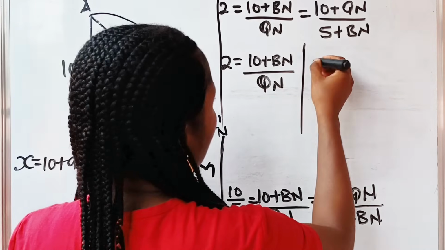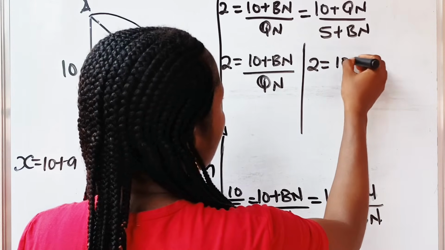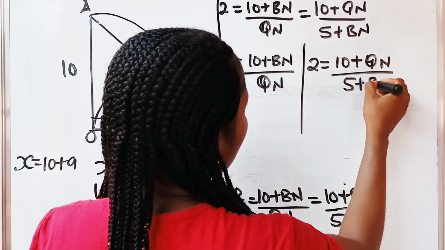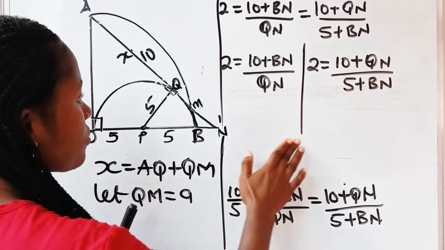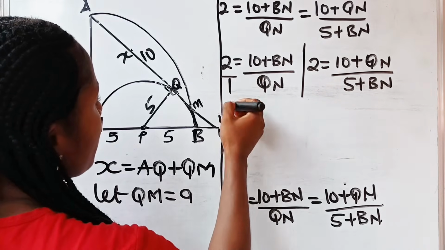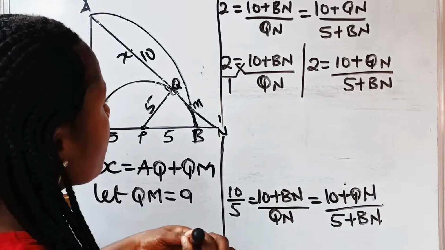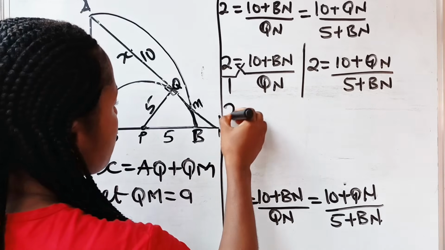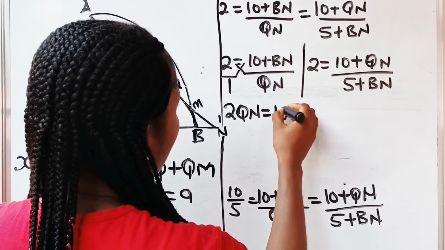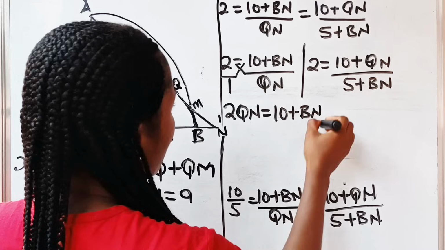We can also say that 2 is equal to 10 plus QN divided by 5 plus BN. Now, if we cross multiply, we have 2 times QN is equal to 10 plus BN.